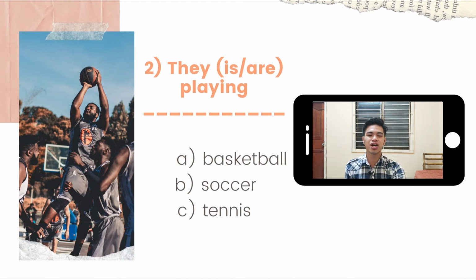Of course, it is going to be are because they are more than one. So they are playing blank. So what are they playing? Is it A, basketball, B, soccer, C, tennis? Good job! The correct answer is letter A, basketball. They are playing basketball.